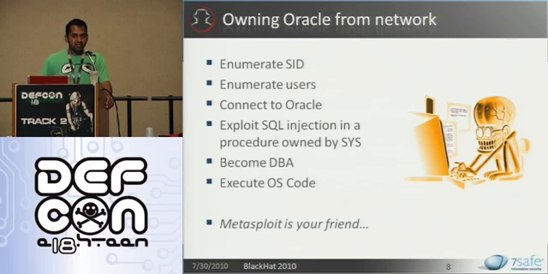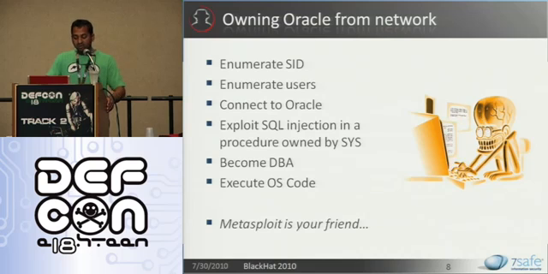You first enumerate the SID, which is the database name. You then enumerate some common users, Scott Tiger, sys, change_on_install, some weak passwords. Once you have done those two steps, then you connect to the Oracle database. So you will be connecting with some unprivileged user, hopefully.